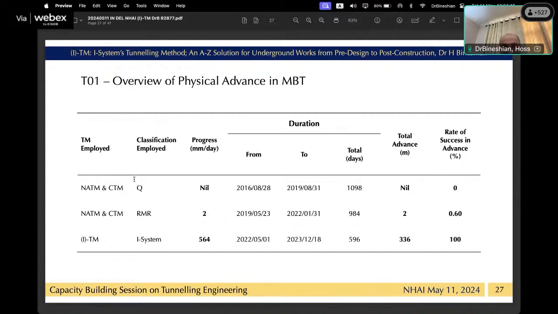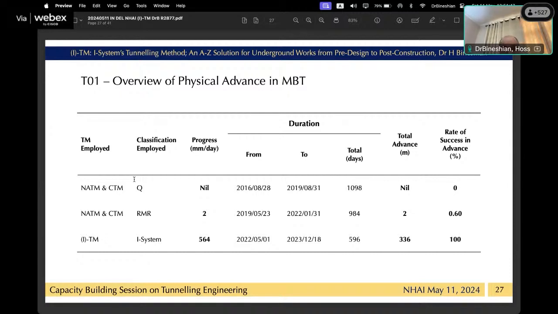From May 2019 to January 2022, the client decided to use NATM and conventional tunnel method again, but this time with RMR. They achieved in 984 days only an overall advance of 2 meters, and the rate of success was 0.6%.